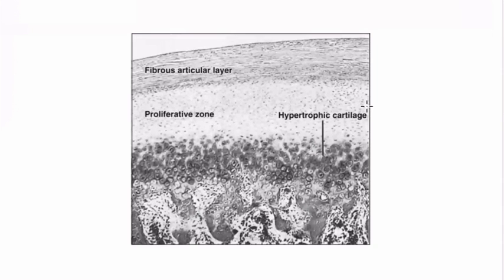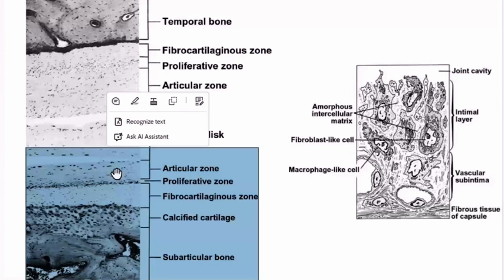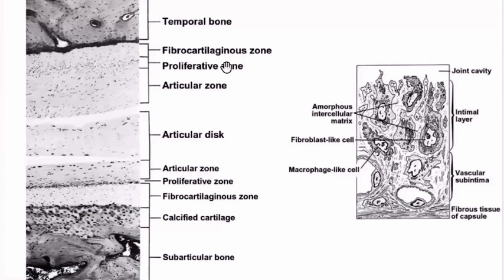The collagen fibers, either in the fibrous layer or the uppermost fibrous layer, which is called the articular zone, either in the lower or the upper articular zones, are aligned in parallel and non-parallel directions to withstand the forces.